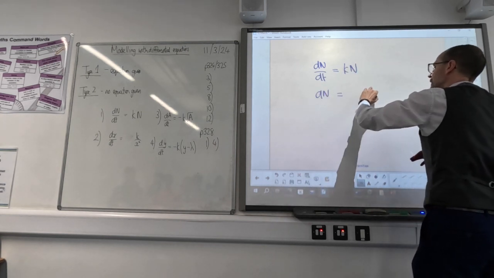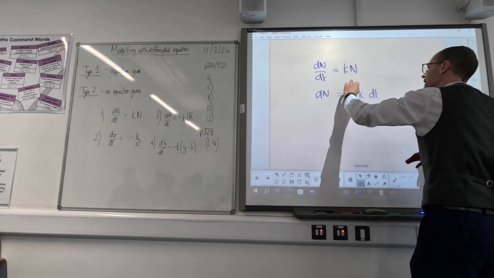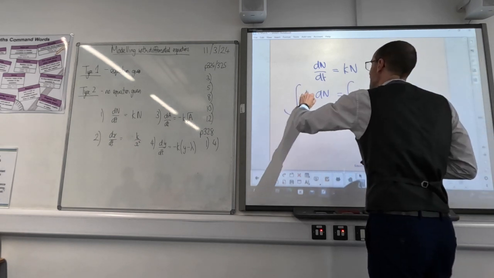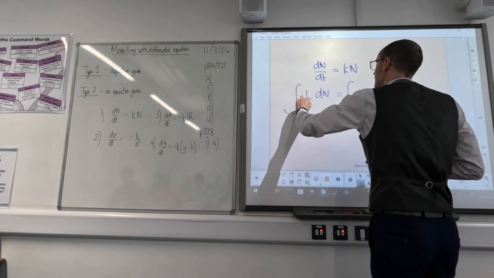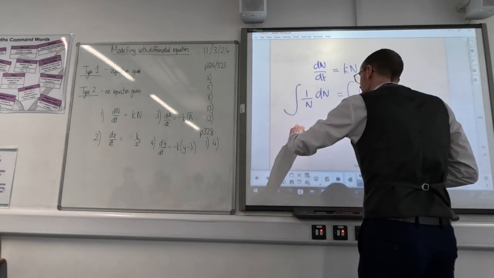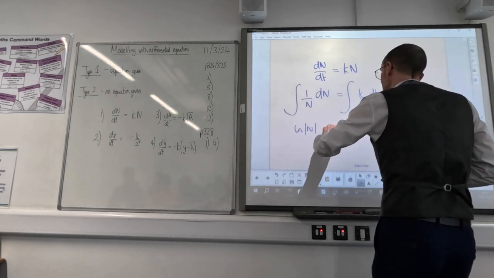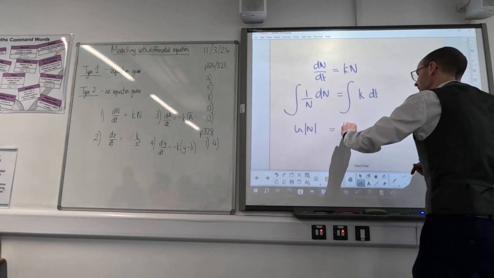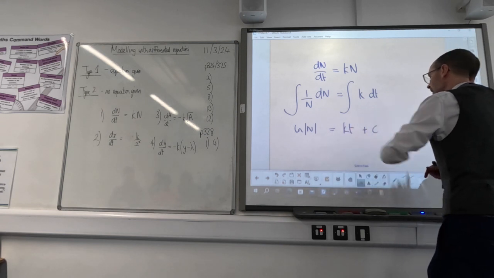Like we did with that 3 in a previous question, I'm going to leave the k where it is, and one over n becomes the ln of n, k becomes kt, and I've got a constant.